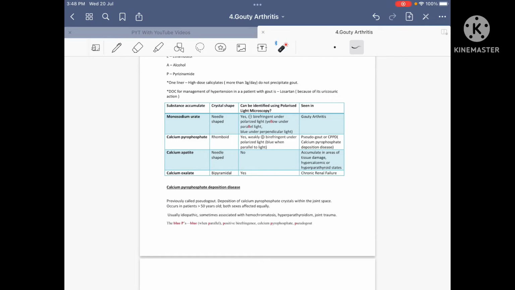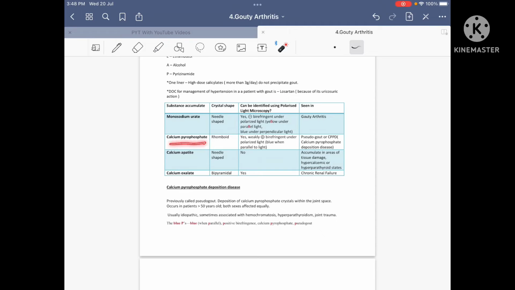This is also very commonly asked, mainly the difference between monosodium urate and calcium pyrophosphate. Monosodium urate is needle shaped and calcium pyrophosphate is rhomboid shaped. Under polarized light, monosodium urate will be negatively birefringent, yellow when parallel, blue when perpendicular. That's the opposite. It is seen in gouty arthritis.